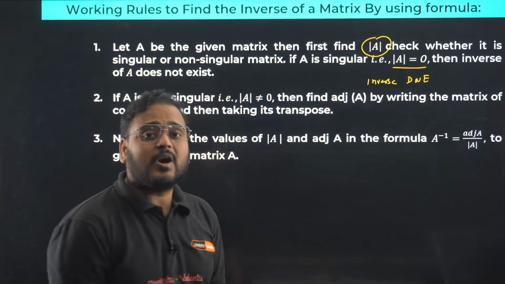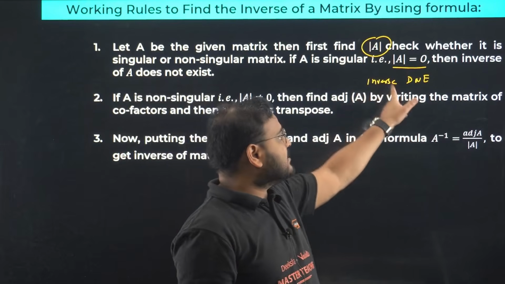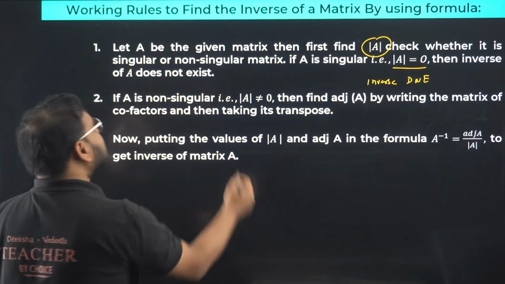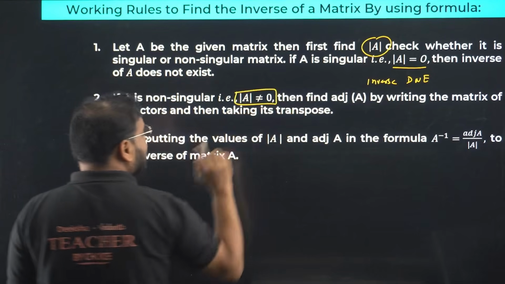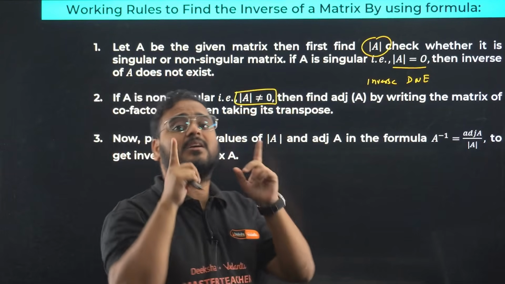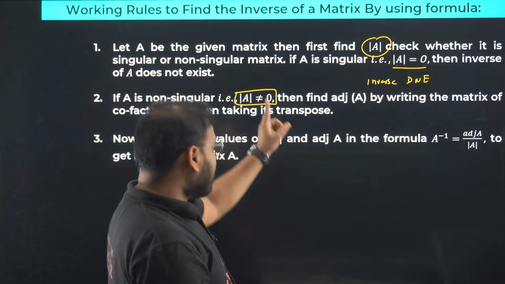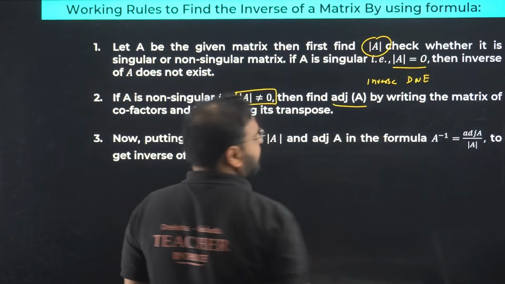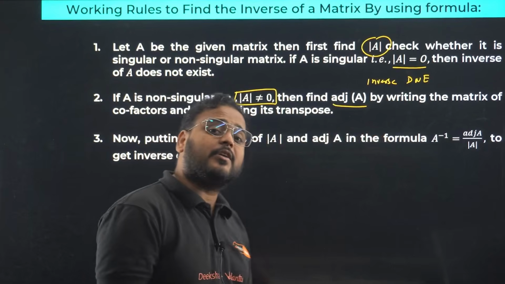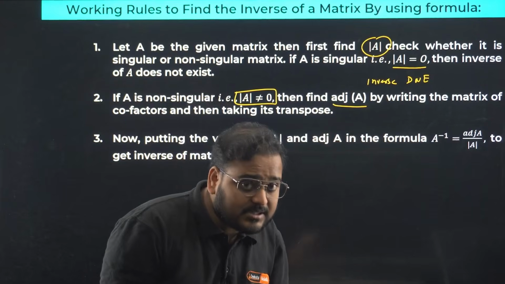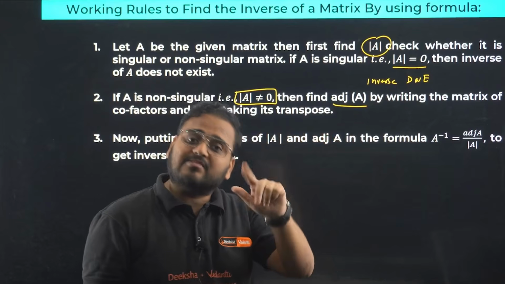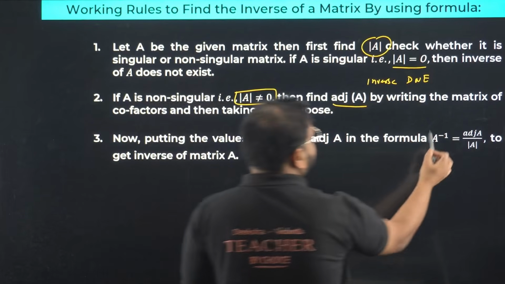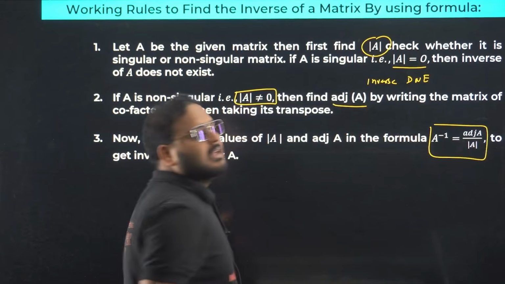But if it is non-zero, then find the adjoint of A. How do you find the adjoint of A? Find the cofactors, then take the transpose of that to get the adjoint of A, and divide that by the determinant of A. That's your inverse.